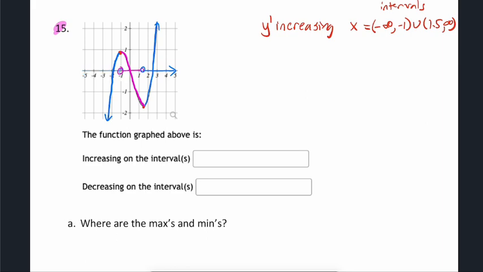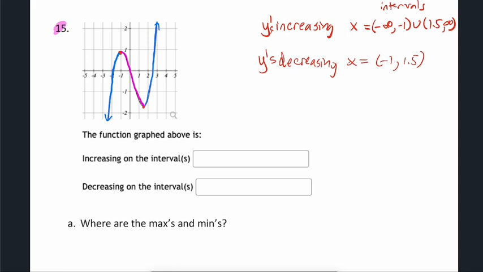Does that make sense how I wrote that? Okay, the intervals are the x's, the word is the y's. So my y's are decreasing just in that middle section from an x value of negative 1 to an x value of 1.5.